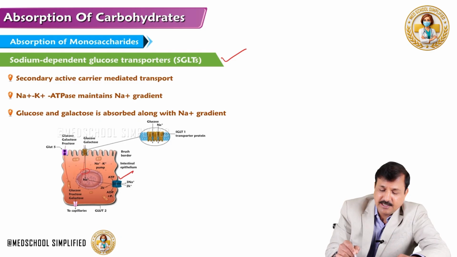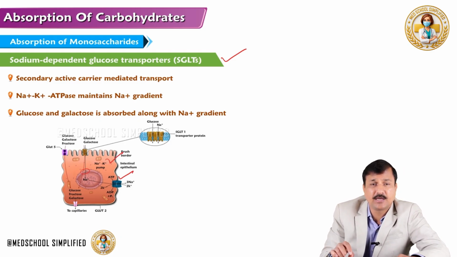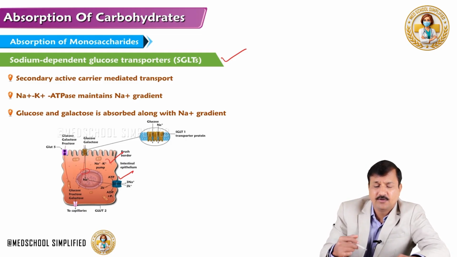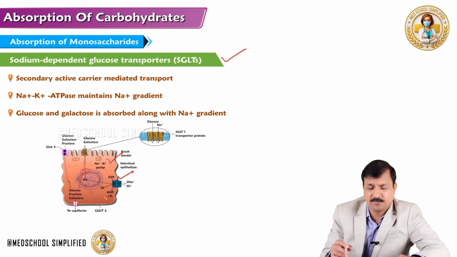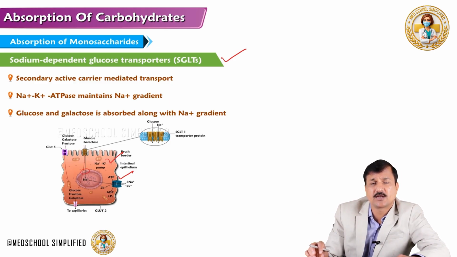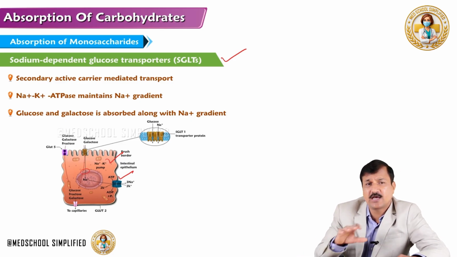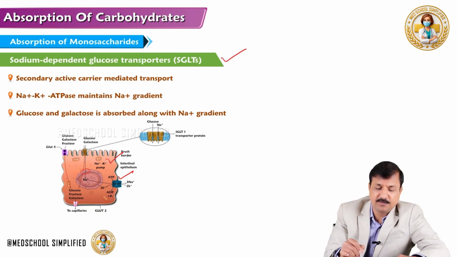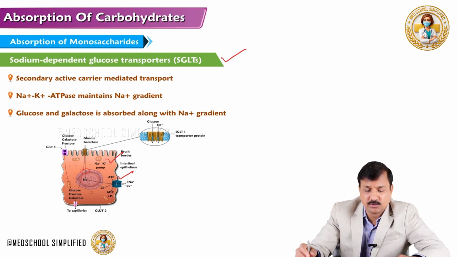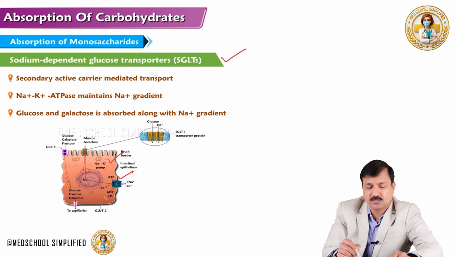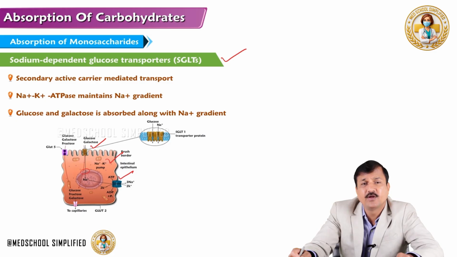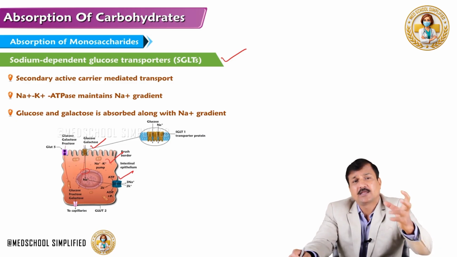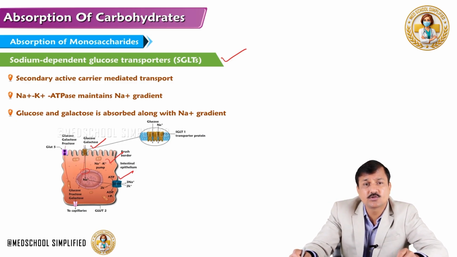The sodium gradient is maintained by the sodium potassium ATPase, or sodium potassium pump, which is present on the basolateral side of enterocytes and uses ATP. It's an active pump mechanism to pump 3 sodiums out into the extracellular matrix and pump in 2 potassiums. As the sodium gradient is created, glucose and galactose absorption goes on through the SGLT molecule, which is located over the brush border epithelium of the duodenum, jejunum and ileum, allowing glucose and galactose inside through the sodium gradient.